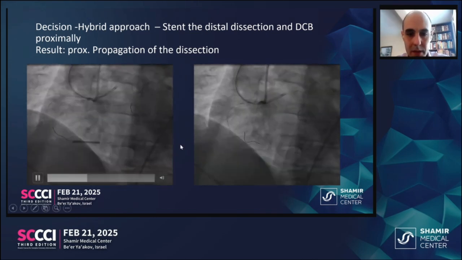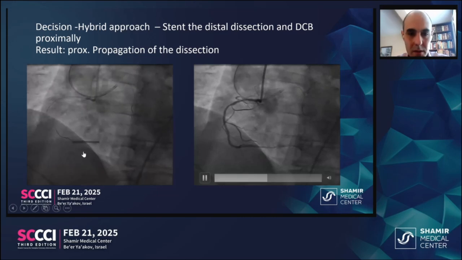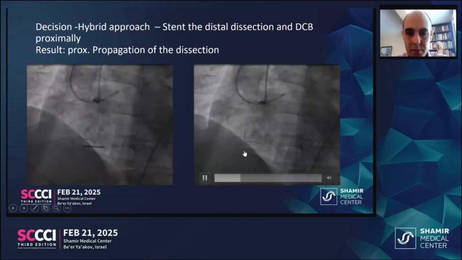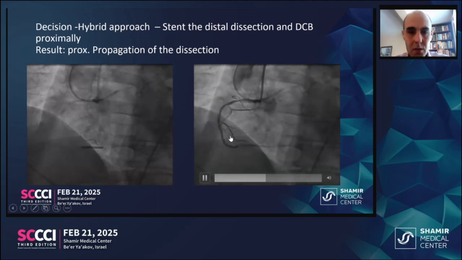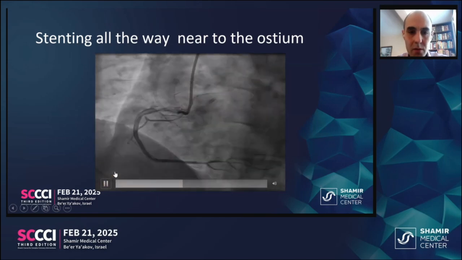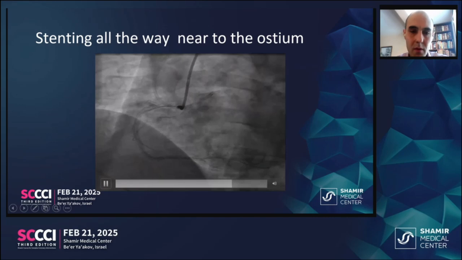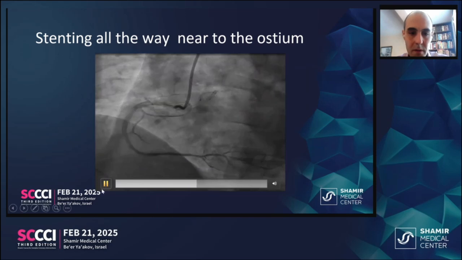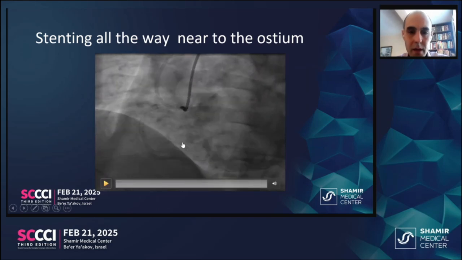But when we placed the distal stent, you see here, we got proximal expansion of the dissection, which was not good. So then we had no other option but to stent all the way near to the ostium, which was not our first intention. But we stented with a long stent, 50 millimeters, two stents actually.